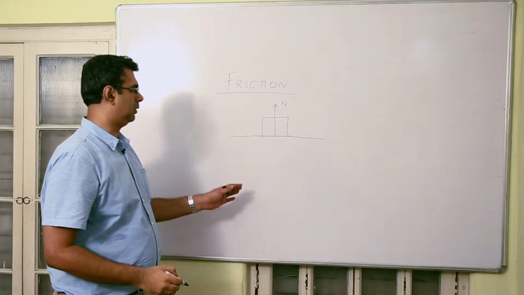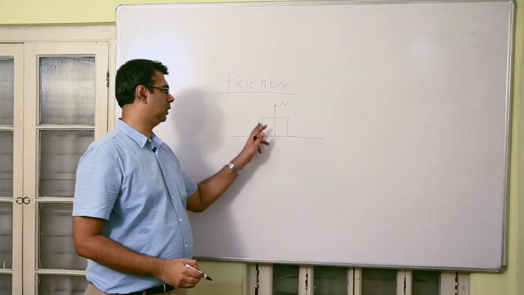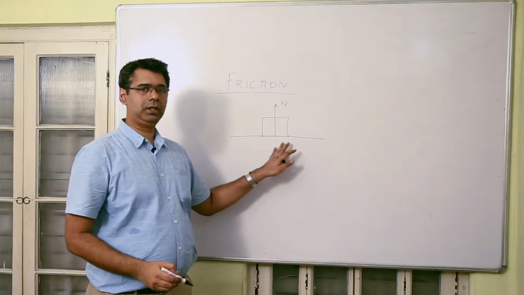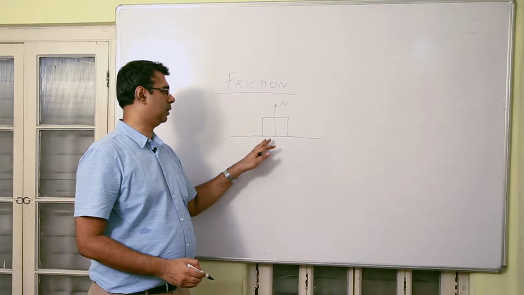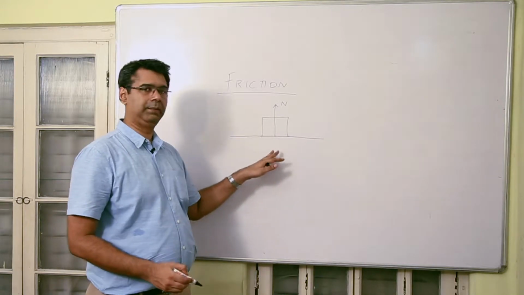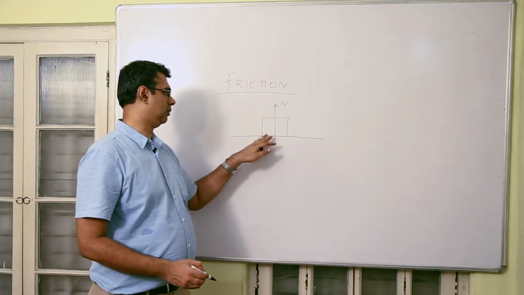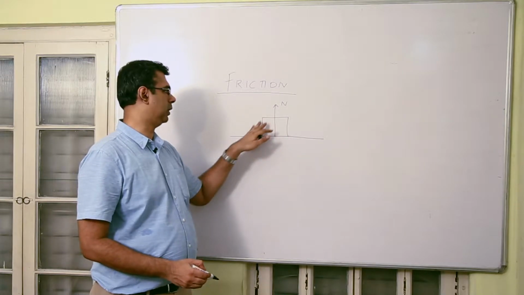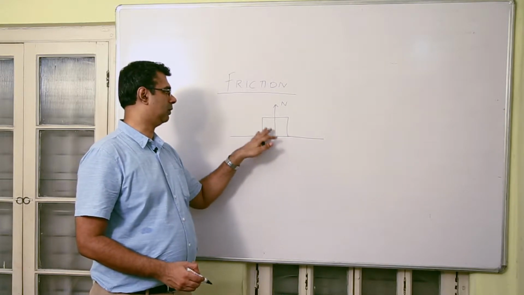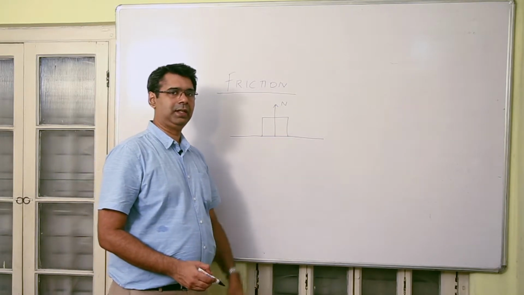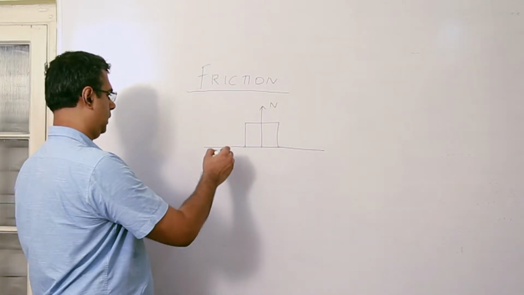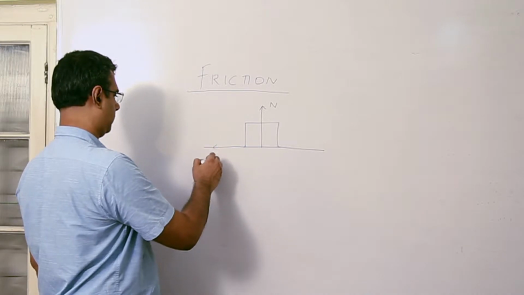As you are aware, whenever a body is resting on a surface, normal reaction is the contact force between them. In addition to normal reaction, there is another contact force, that is friction.